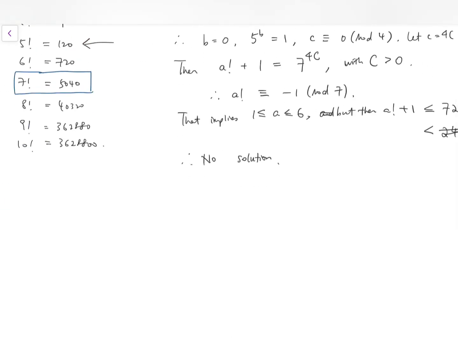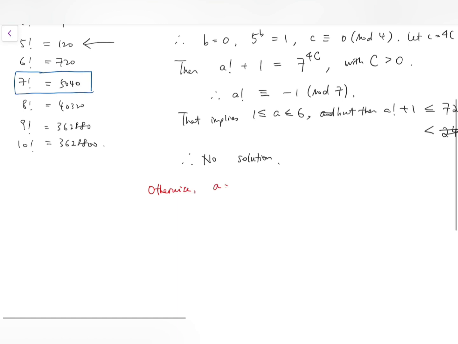Let's move on to the other cases. If a equals 0 or 1, I'm going to settle this first, because for both cases a factorial equals 1. Of course, you can say that by the Catalan theorem we'll have no solution, but I'm going to prove it in a more elementary way.